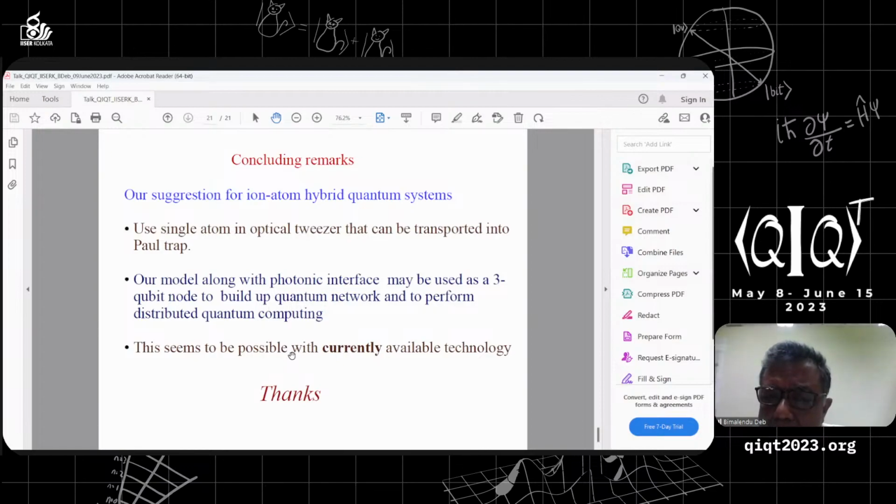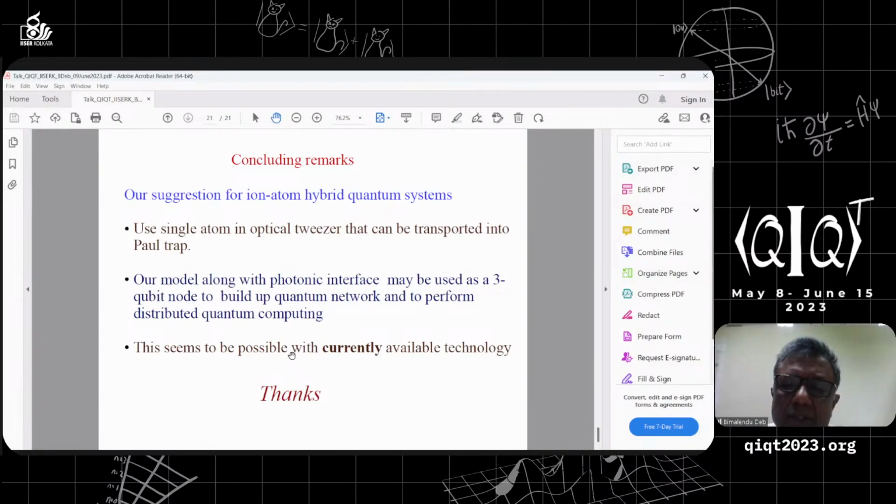But in our case, there are no direct collisions between the ion and atoms, because the ion and atoms are largely separated. Since these Rydberg states have long lifetimes, and also these ionic qubit states have long lifetimes, I think it would be possible to do gate operations within the decoherence time.